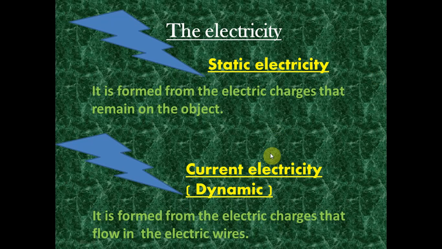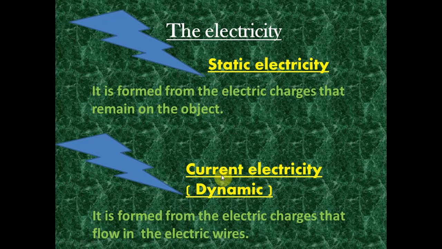So again, what is the difference between static electricity and dynamic electricity? In static electricity, the electric charges stay or remain on the object without any moving, so we can't use static electricity in making devices work.